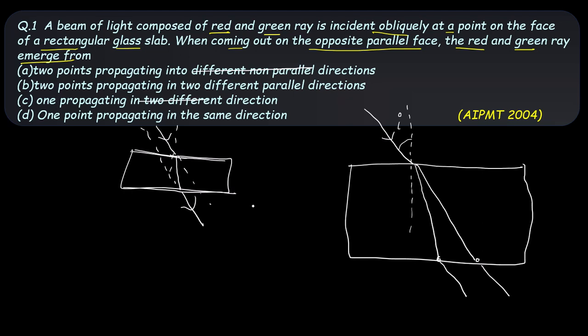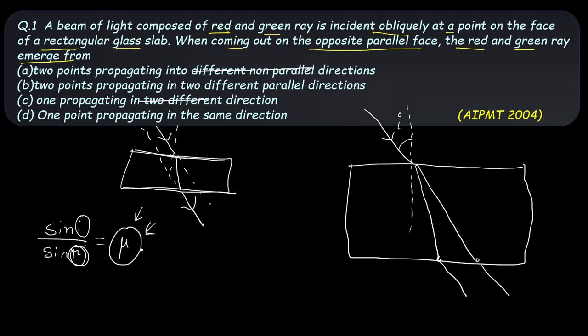Now, will they split? Yes, they will split. Why? Because when I write down Snell's law, sin i by sin r equals the refractive index of the medium. This refractive index of the medium is different because the colors are different. I have to write Snell's law for both the colors. Now the angle of incidence for both the colors is the same, which means if they have different refractive indices, the angle of refraction has to be different.